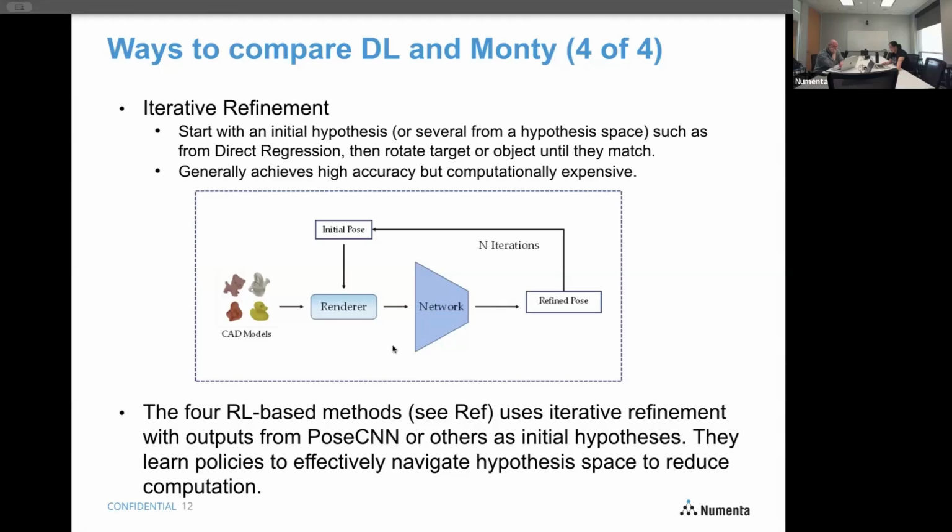It's just a method to speed this up, because after template matching this is usually the slowest one, and often in pose estimation there's a huge goal to make it fast, real time for autonomous cars. For those applications, iterative refinement isn't used because it improves accuracy but at a huge computational cost. So that's why RL-based and other methods exist to make this shorter, because we want both real-time tracking and high accuracy.